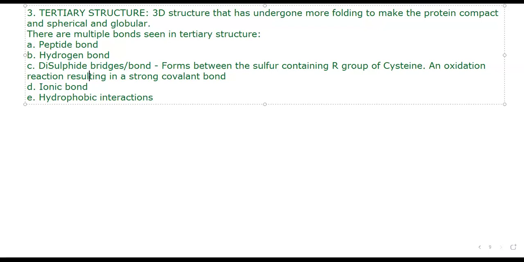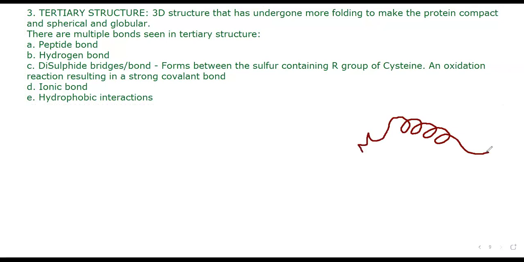For example, let me draw the protein structure first. Let's say this is my protein structure. In some areas it has gone into a bit of alpha helical shape. Then in some areas it has undergone beta pleated sheets.